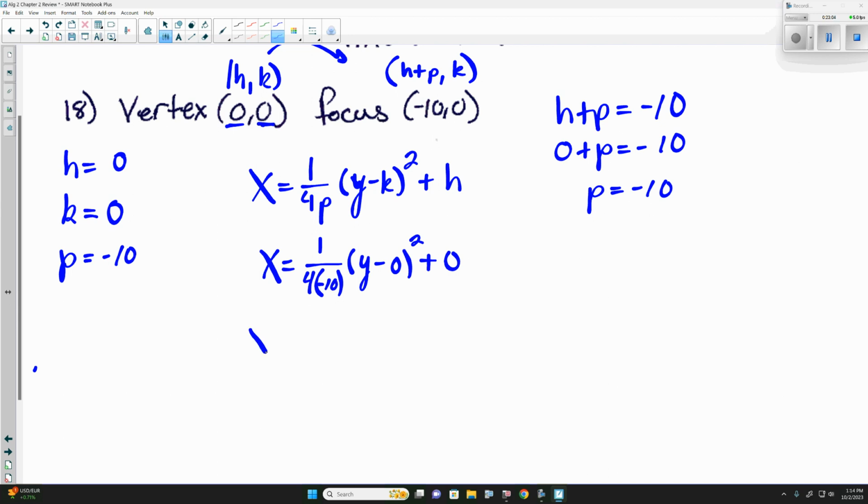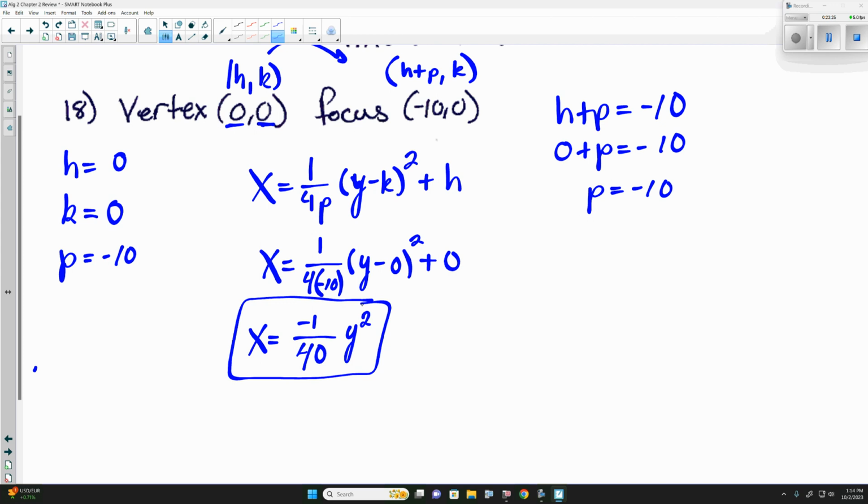But the last thing we need to do is simplify. Now, if we plugged in 1 over 4 times negative 10 into the calculator, it would tell us that it's negative 1/40th. And our y minus 0 squared is just y squared.